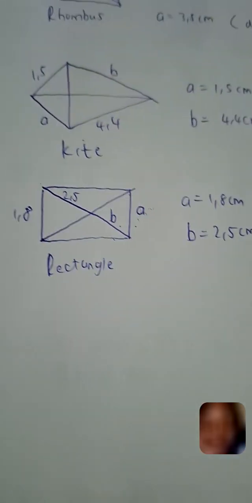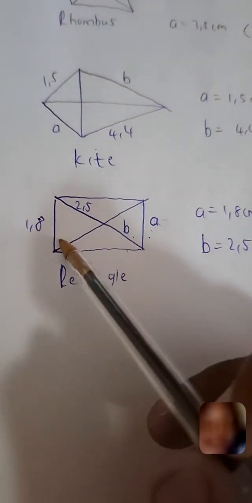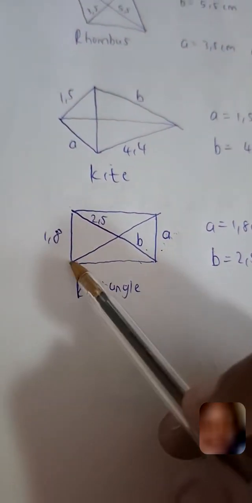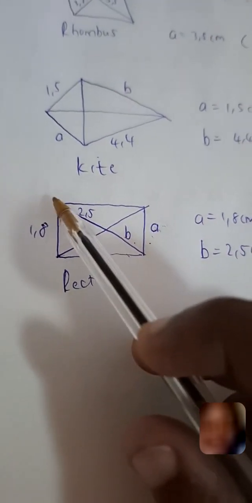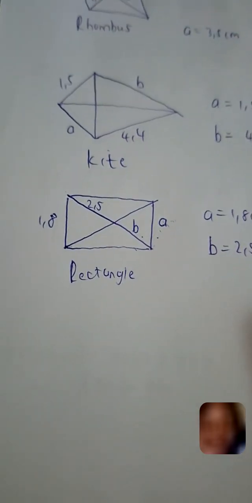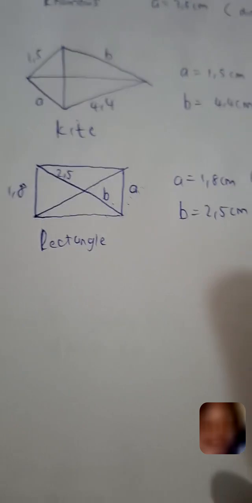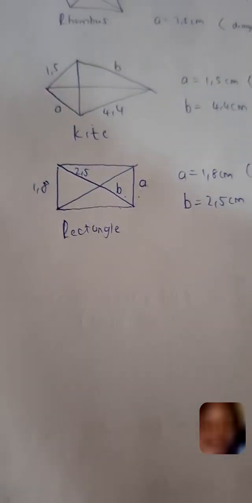And Tasha, you are 100% correct. For a rectangle, the diagonals are actually equal. So this diagonal from here to there is the same length as from here to there. To answer your question in the comment section, definitely diagonals of a rectangle are equal.